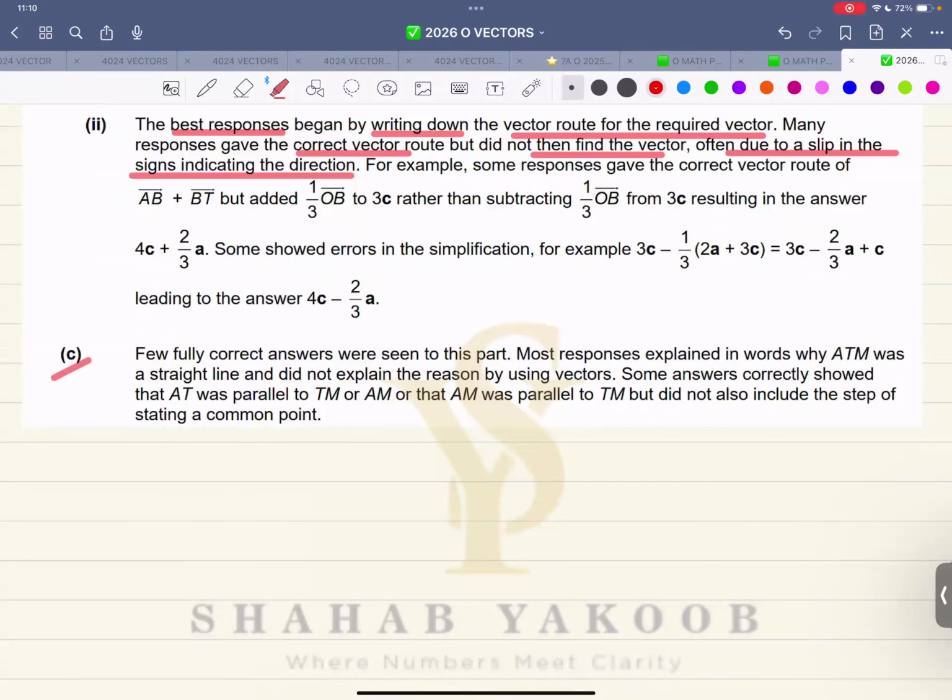Part C, few fully correct answers were seen to this part. That means this was difficult. Most responses explained in words why ATM was a straight line and did not explain the reasoning by using vectors. You have to use the reasoning. Some answers correctly showed that AT was parallel to TM, but did not include the step of starting from a common point.